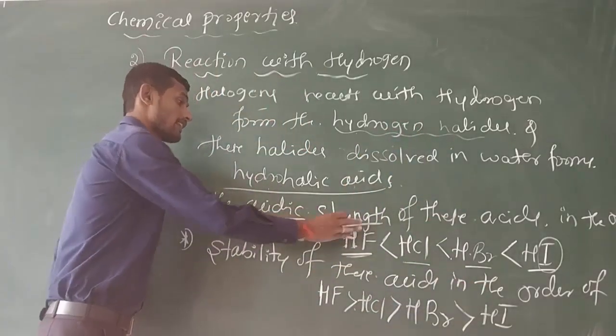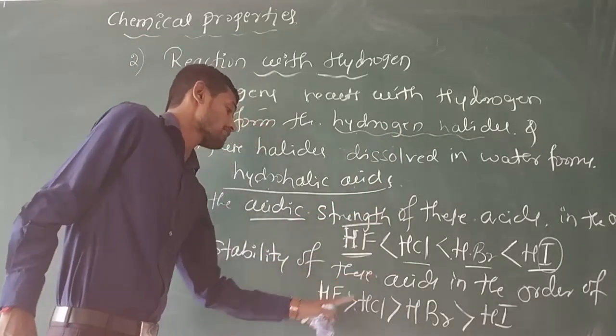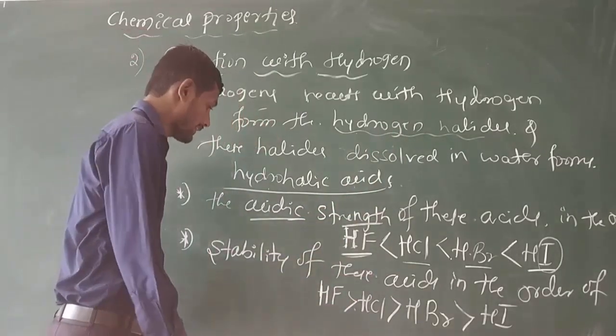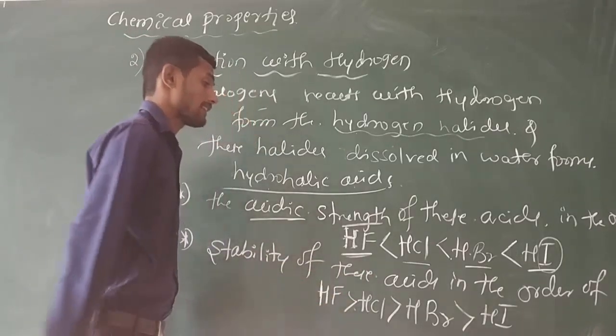Here acidic strength was discussed, but here the order is the opposite of acidic strength. Why is HF more stable than HI?